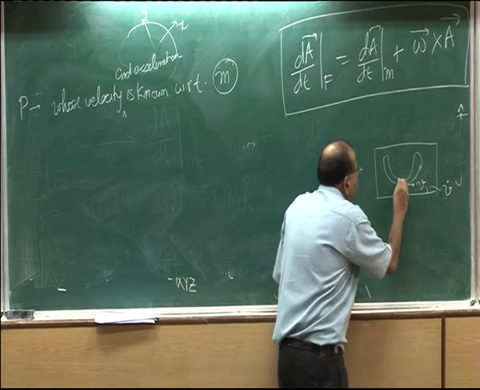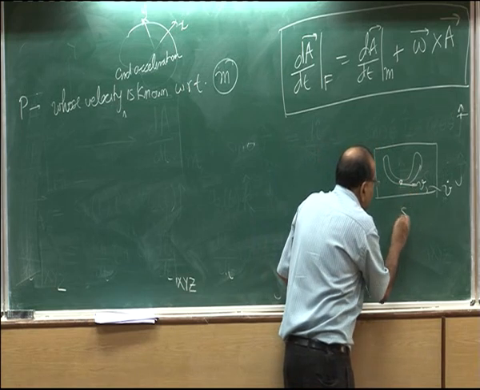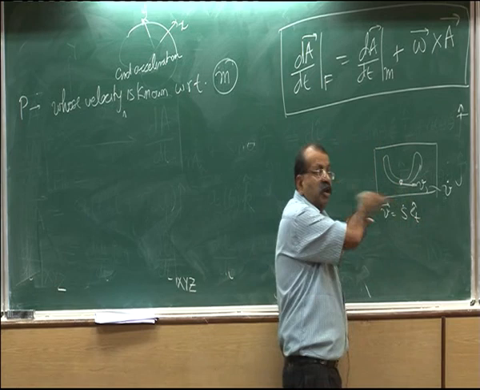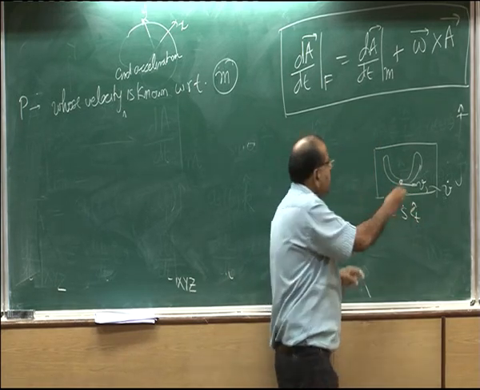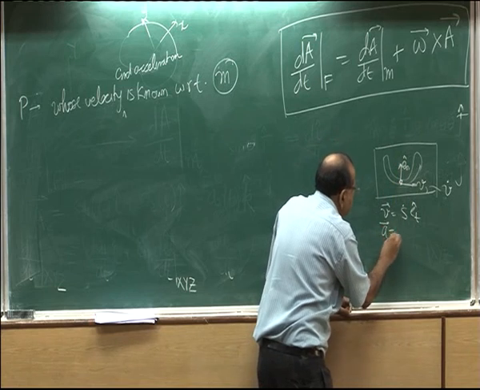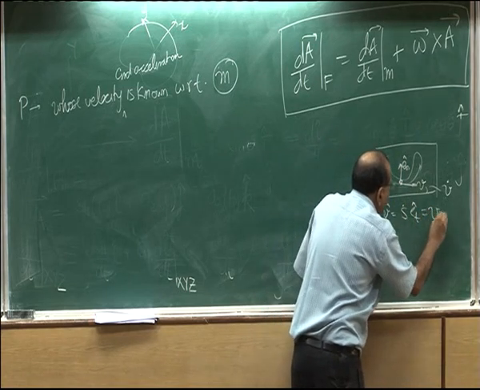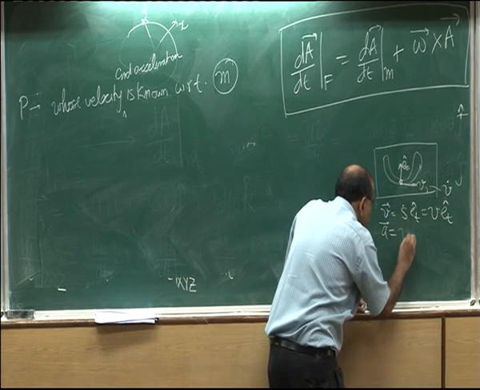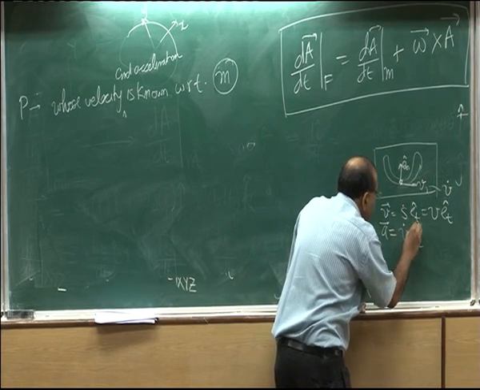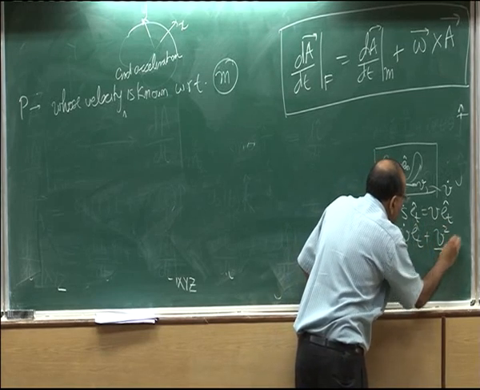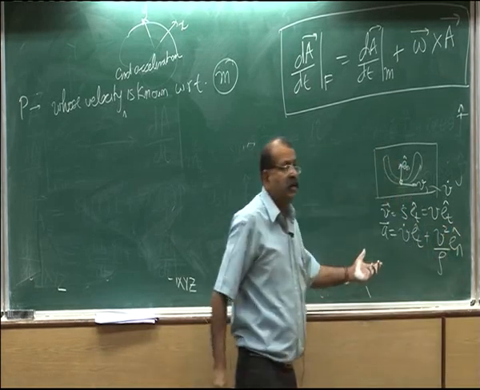Velocity will be s dot et. So if you know the circular path, you know the et direction, and velocity is equal to v times et, and acceleration will be equal to v dot et plus v square upon rho en.